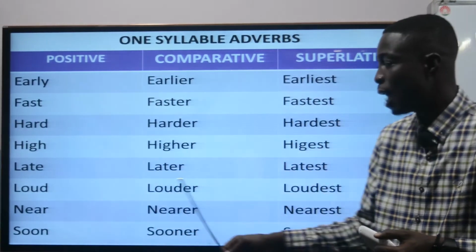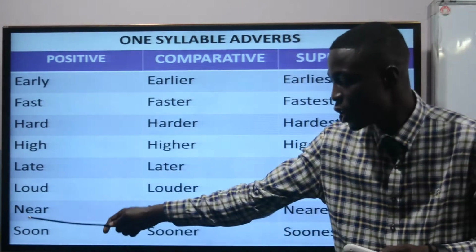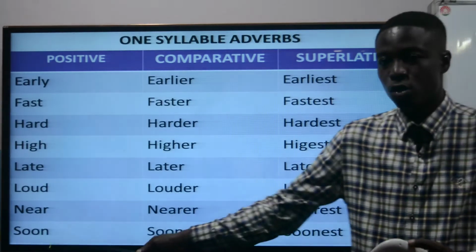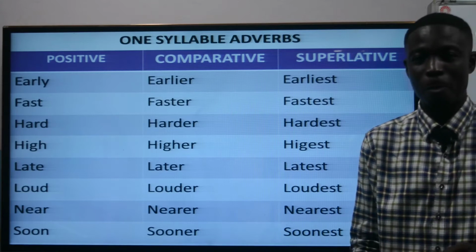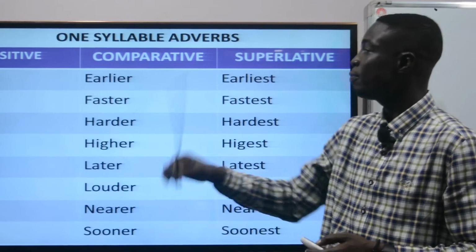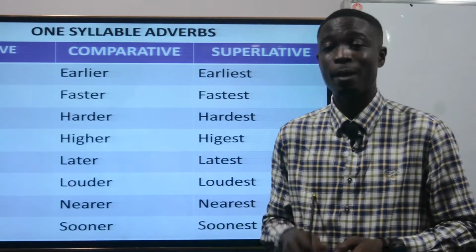Loud, louder, loudest. Near, nearer, nearest. Soon, sooner, soonest. These are some examples of the positive, comparative, and superlative forms of one-syllable adverbs.